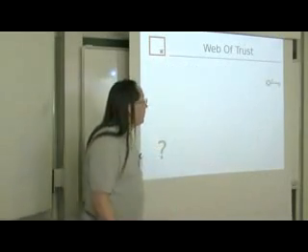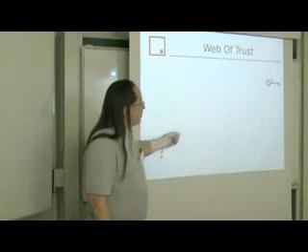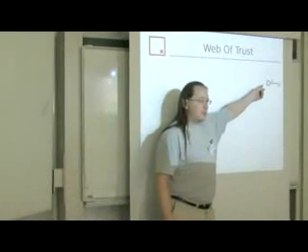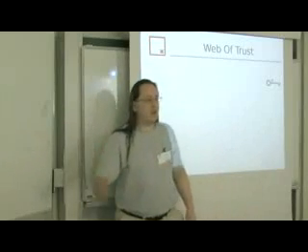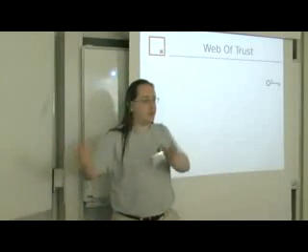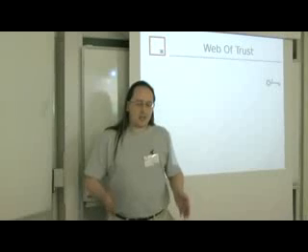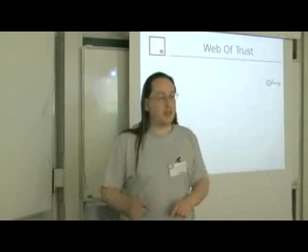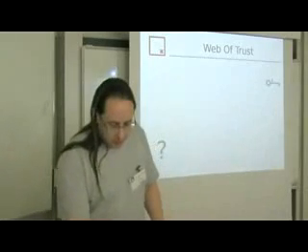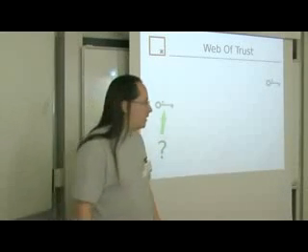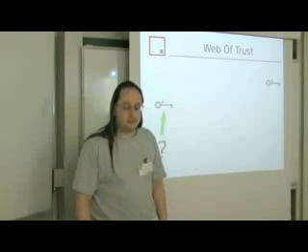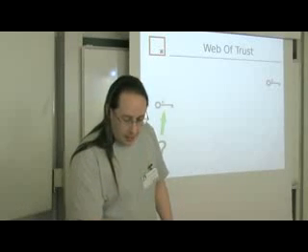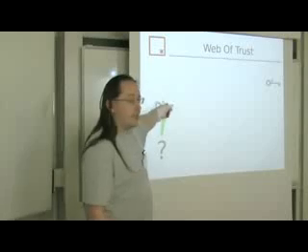So, let's say that somebody says, my key is here. Download my key. So I download their key, but I've never met them. How do I know that their key is valid? Well, let's say I've signed somebody's key and checked that their key's okay.